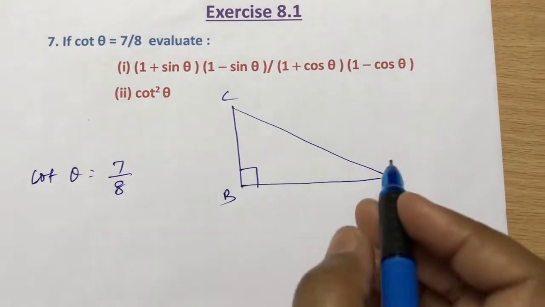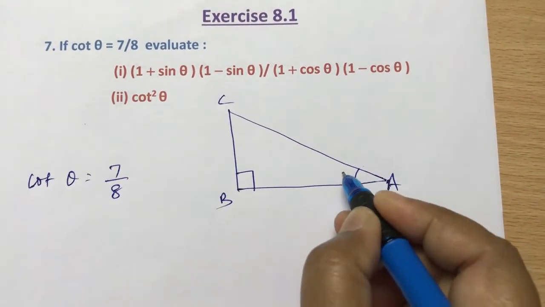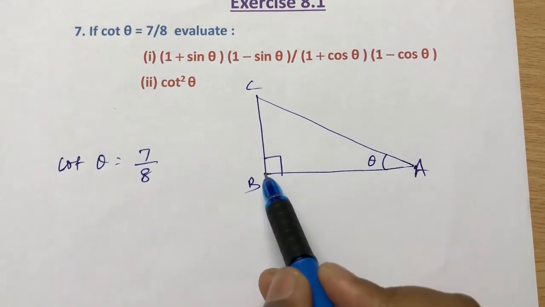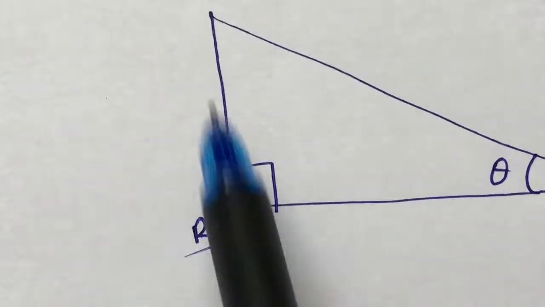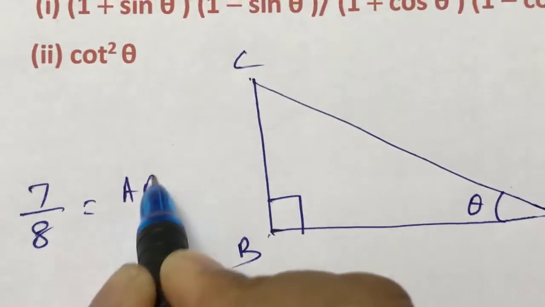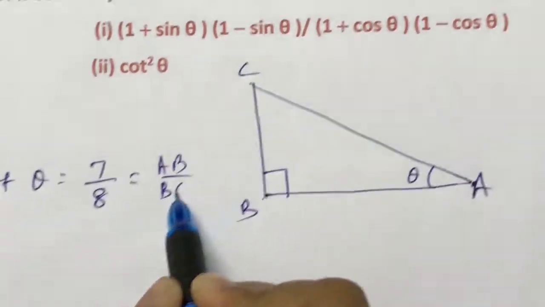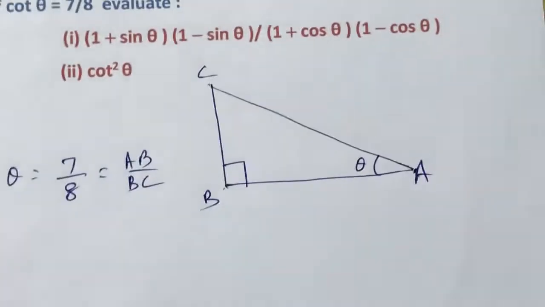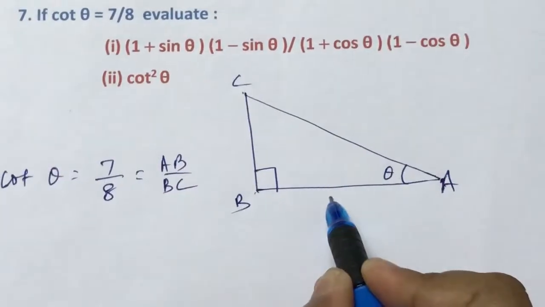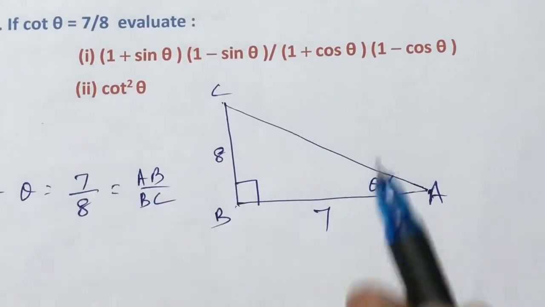Let me put this as theta. Cot will be base by perpendicular, that means it is AB by BC. So that means AB is your 7 and BC is your 8.